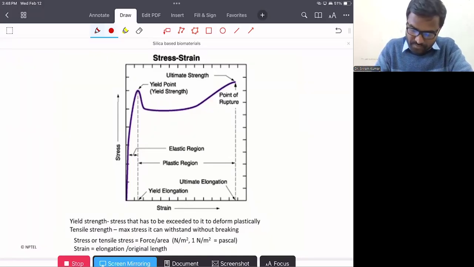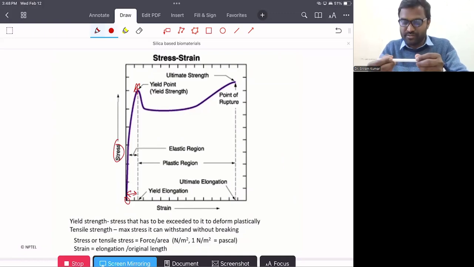So here, at the initial condition, from here to there, you are increasing the stress on the material, and there is a tiny change in the elongation.